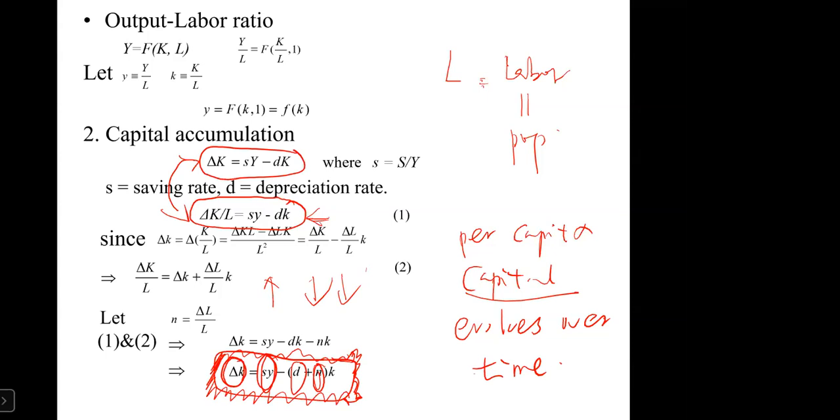Today, we have one person sharing or using one computer. And tomorrow, because you have two persons because of the population growth, in per capita terms, suddenly we move from 1 to 1/2. So this is captured by this n. Okay, let me erase.